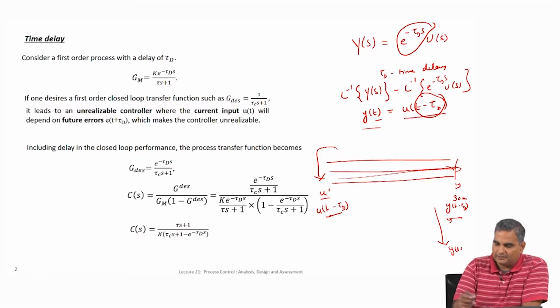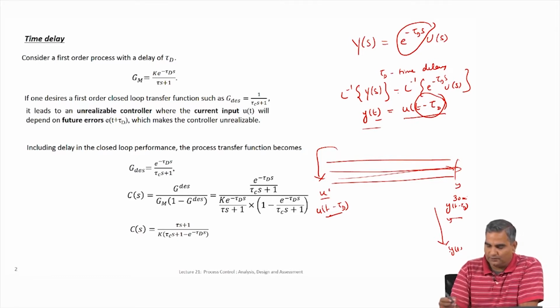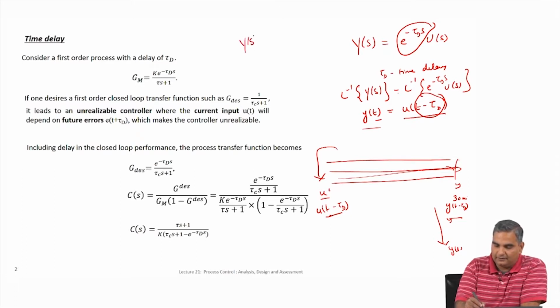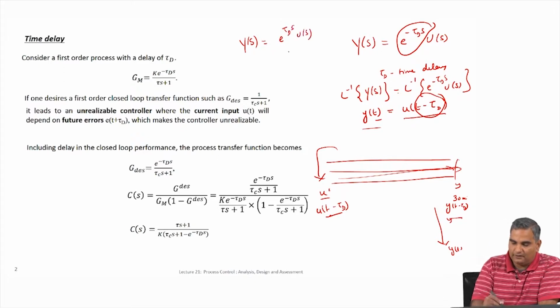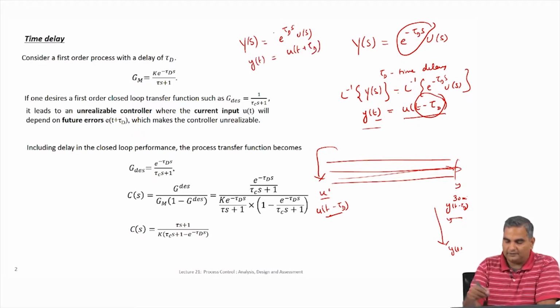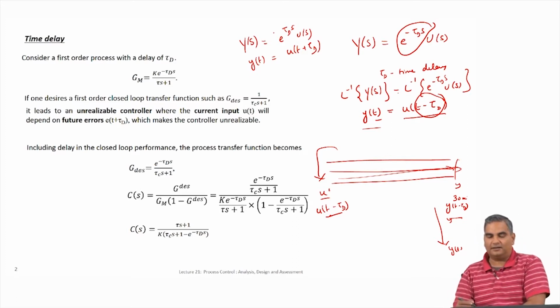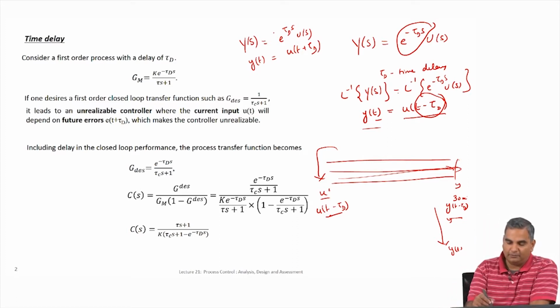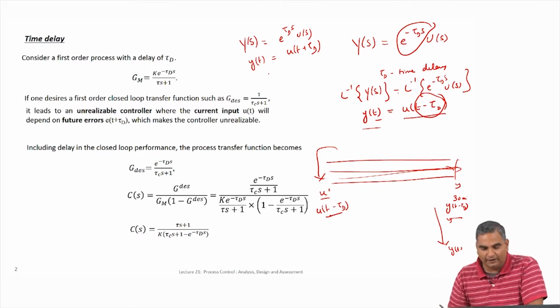Now, similarly, just so that I show you this, because we are going to see this as we go along in this lecture: if y of s is, on the other hand, e power tau d s times u of s, then this equation says, when I do the inverse Laplace, y of t is u of t plus tau d. So, the sign changes. This basically says that actually the input is going to lead the output.